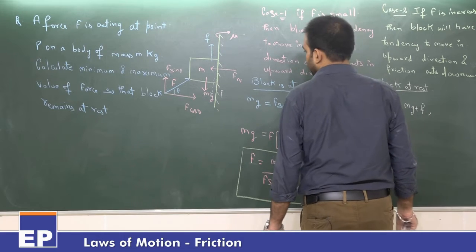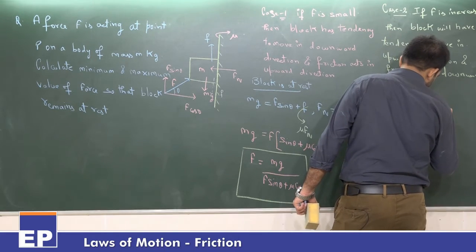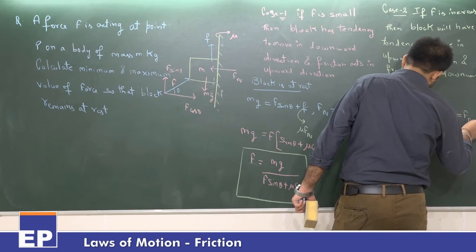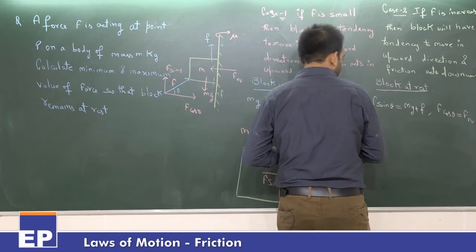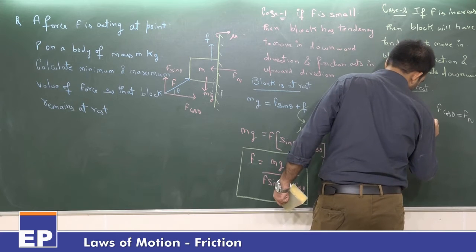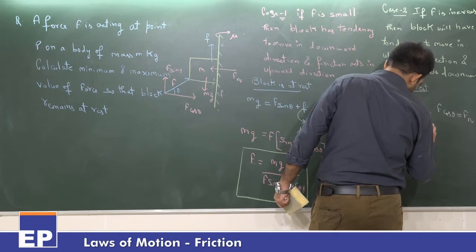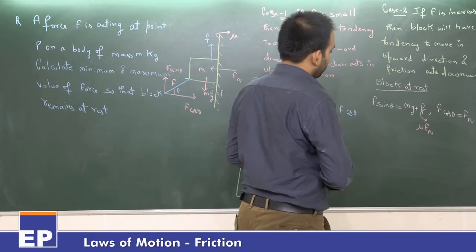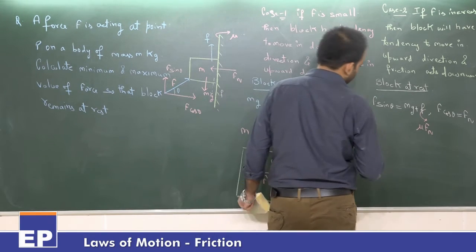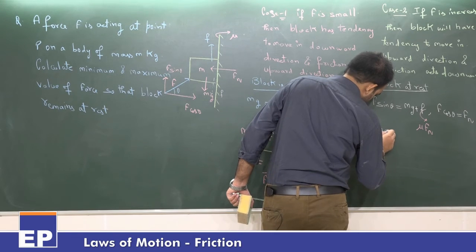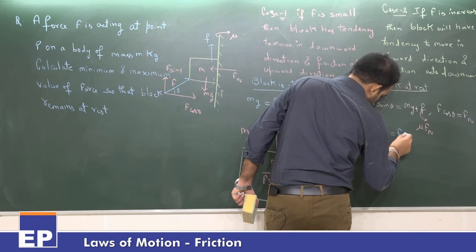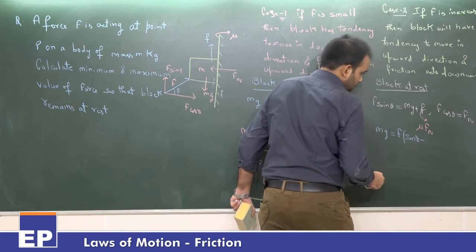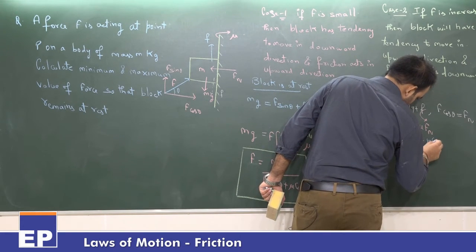And F cos theta is Fn, and friction will become mu into Fn, so it will become mu into F cos theta. mg will become F times sin theta minus mu cos theta.